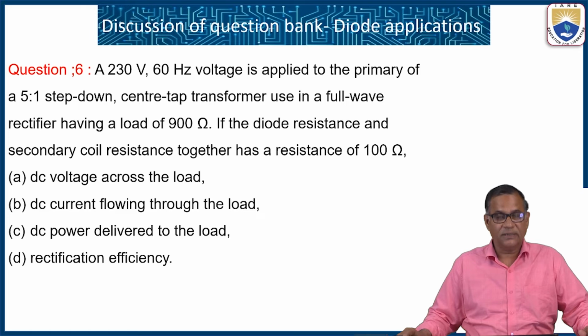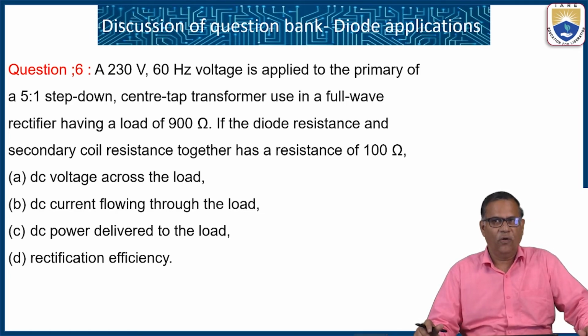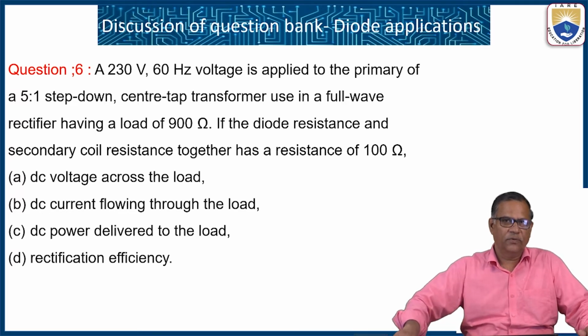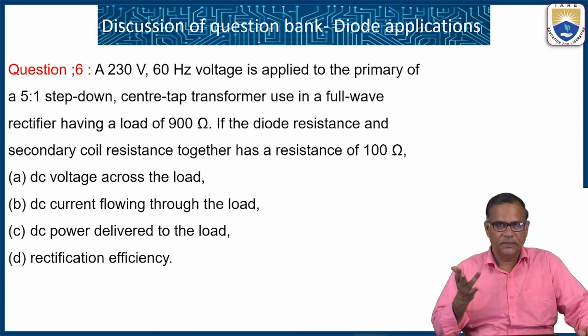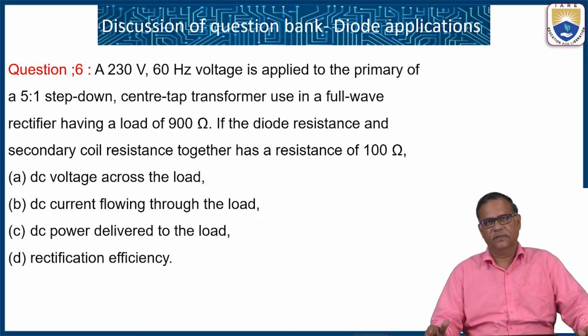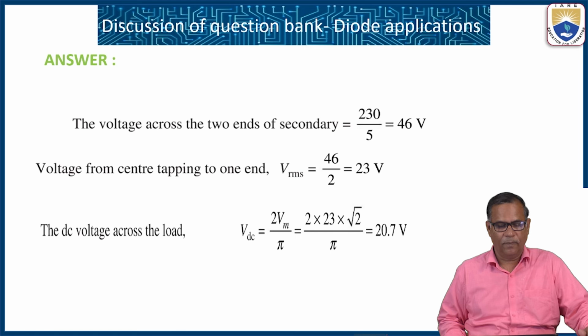If the diode resistance and the secondary coil resistance together has a value of 100 ohms, then you have to find out the DC voltage across the load, DC current flowing through the load, and DC power delivered to the load, and the rectification efficiency. So all these parameters have to be calculated in this problem.